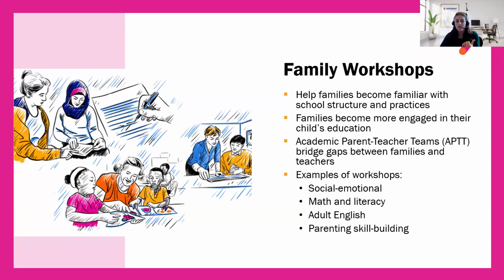The teacher puts in this time in the beginning of the year, but they build on it. And at the end, the results are really great because they have this great partner at home helping them on this specific standard, whether it's a reading goal or a math goal. You can tailor it to each child. This is a really unique strategy. You can learn more about it. It's called APTT. And again, it started in Arizona.